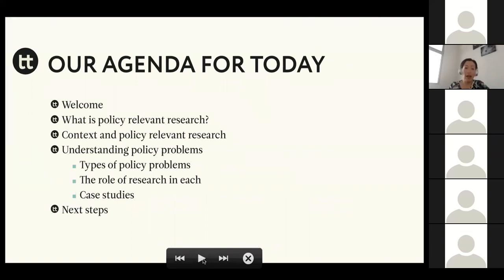So we will be discussing mostly how to identify and understand policy problems, and then what research can do in these different types of problems. This will definitely help us plan our research better. It will also help us be more strategic and have more influence, which is, of course, our final objective.